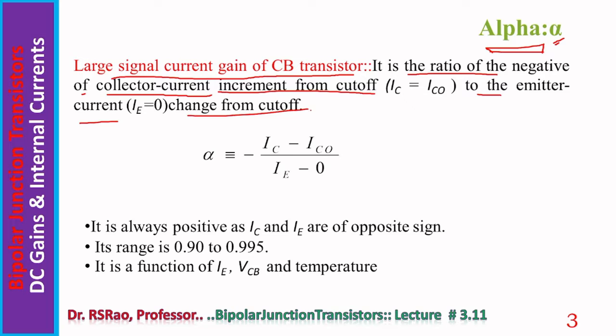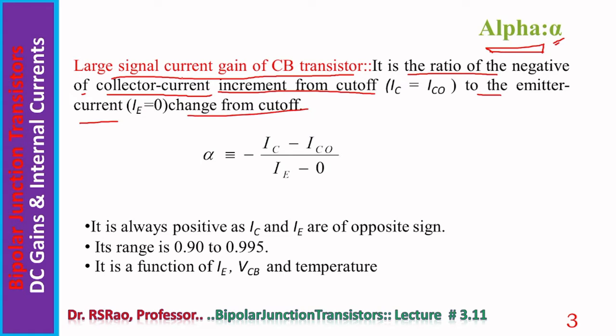Gain means output by input. Current gain means output current by input current. If simply DC currents are considered in the measurement, then the resultant gain is called DC gain or static gain.